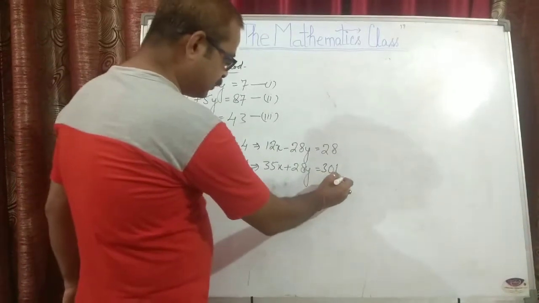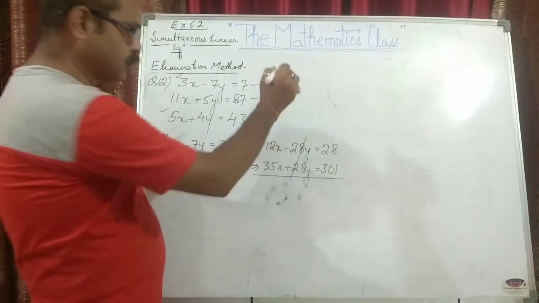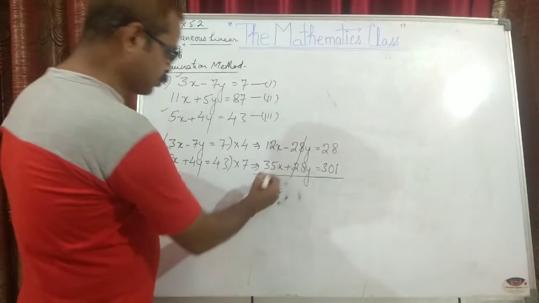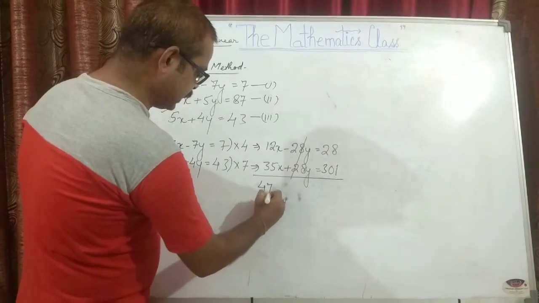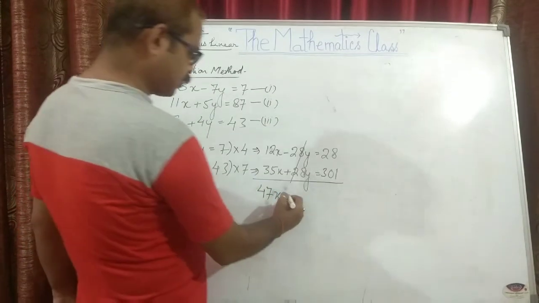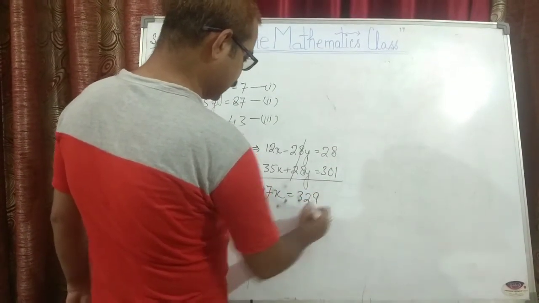Now we will add these two equations. When we add these two equations, the minus 28y and plus 28y will get cancelled. Now 12 and 35 gives 47x, is equal to 301 plus 28, which is 329.